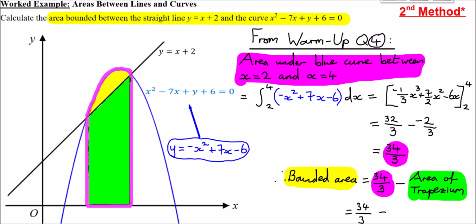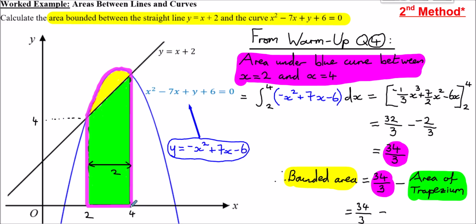Now the area of this trapezium, just to take you back to GCSE for a moment. It's going to be half this length plus that length multiplied by the width. So if this boundary is 4 and that boundary is 2, then we know for sure that this distance from one to the other is going to be 2. So the width of this trapezium is 2. And the heights, well, when x is 2, 2 plus 2, that's going to have a height of 4.